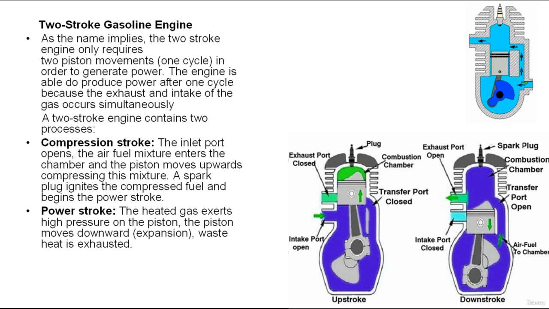Third, the expanding gases in the cylinder force the piston down, rotating the crankshaft. And fourth, with the piston at BDC, the intake and exhaust ports are both open, allowing exhaust gases to leave the cylinder and air-fuel mixture to enter.